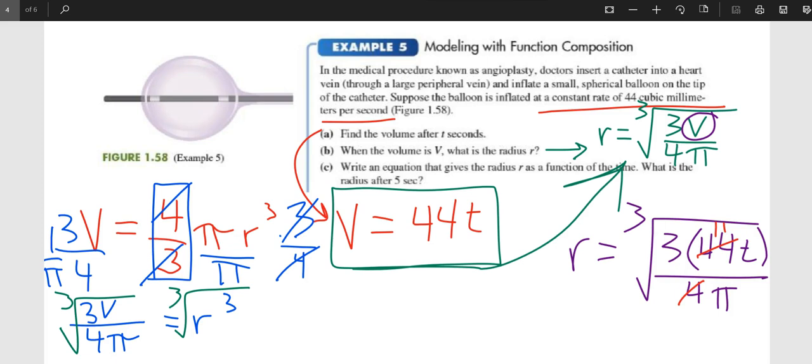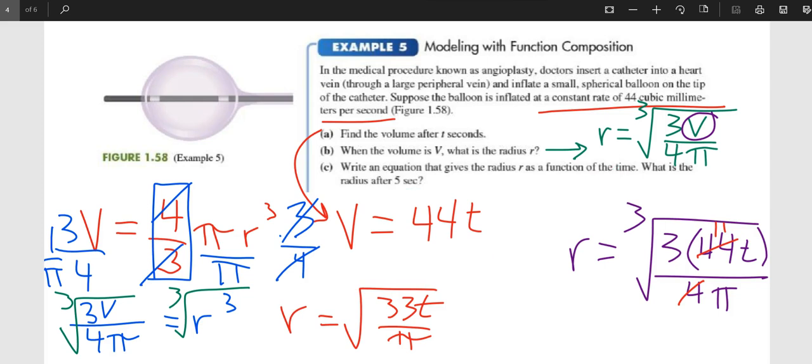So that I could do this without a machine, right? So I got the cube root of 33t over pi. So that's the first part of letter C.